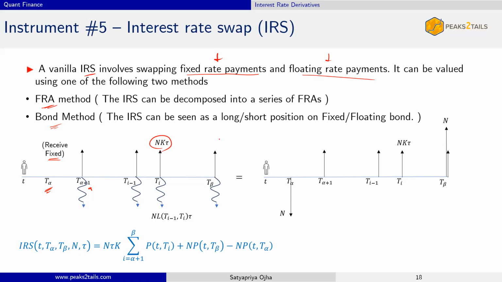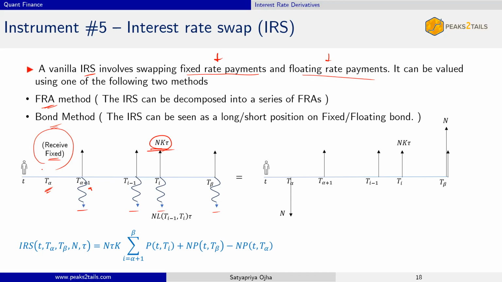IRS does not have any notional. Okay, but some of the FX cross-currency swaps have notional exchange as well. But here in just plain vanilla IRS, we don't have exchange of notional. So at the end, you don't see an N at the end. Okay, so inflow is fixed, and then we have floating outflows for a receive fixed swap. All right, or you can just say receiver swap. It's the same thing. You're receiving fixed.